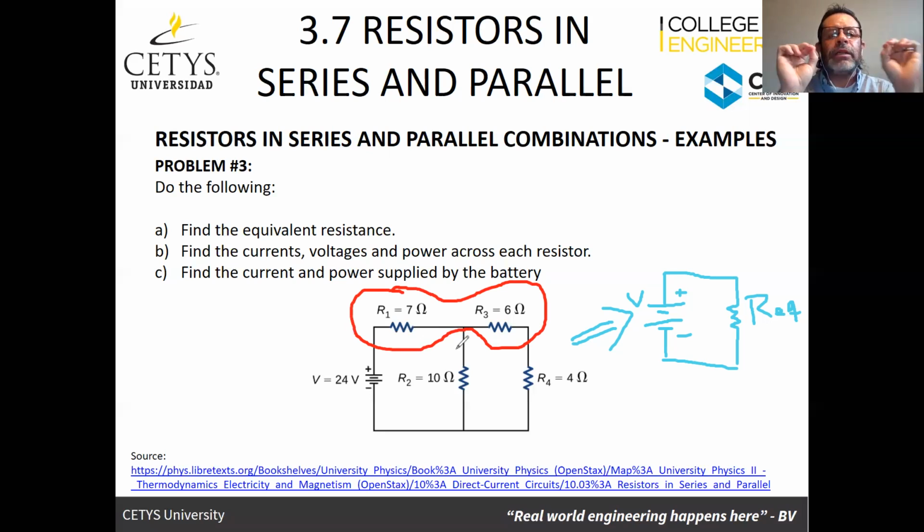One thing that's correct in what you were saying, Lucia, is that we're first going to try to identify pairs of resistors that we're going to reduce in pairs. But when we do that, Lucia and the rest of the group, we want to clearly identify if they're connected in series or parallel. Now, R1 and R3, how are they connected? Are they connected in series, in parallel, or neither?